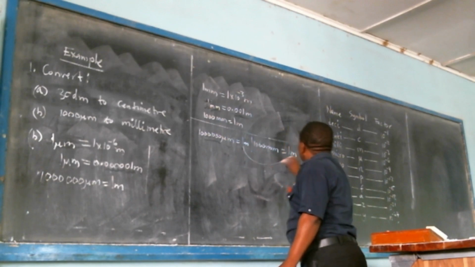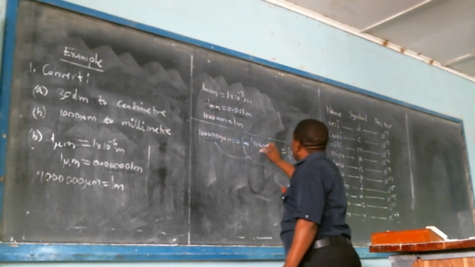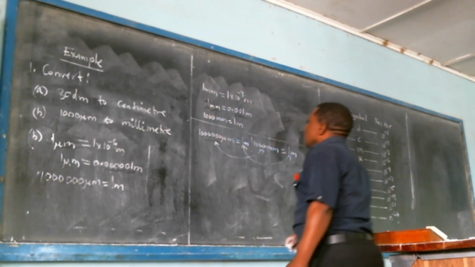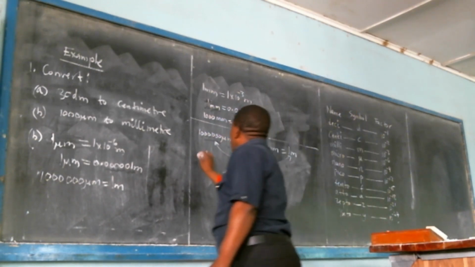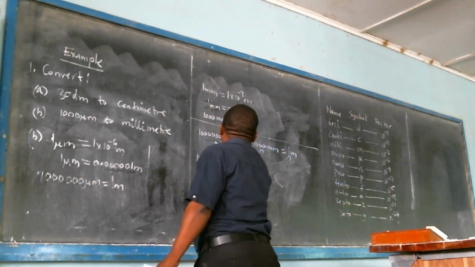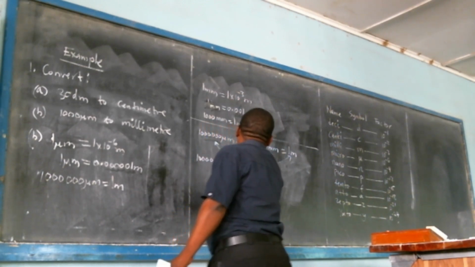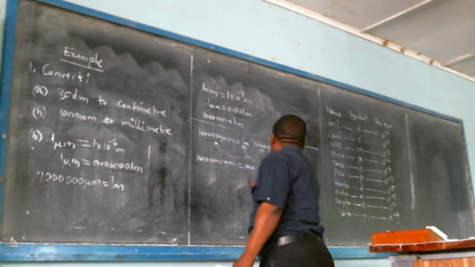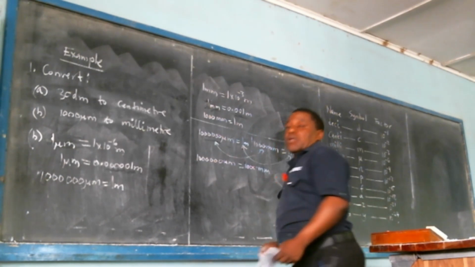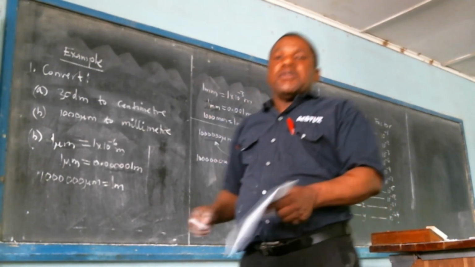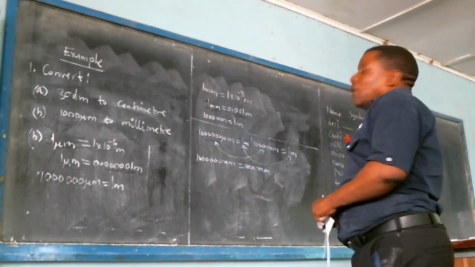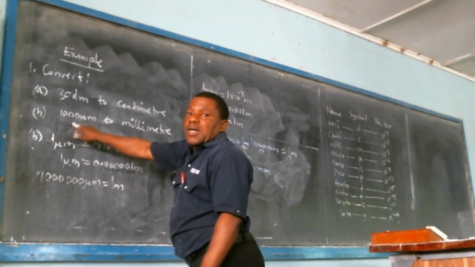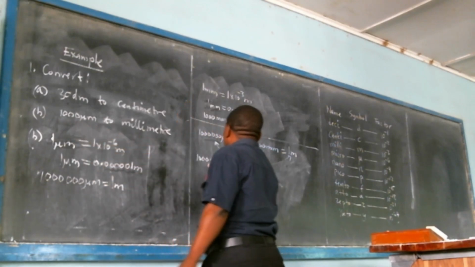So I can say this and that can be compared. Therefore, 1 million micrometers is the same as 1,000 millimeters. Now in our question we have 100 micrometers.